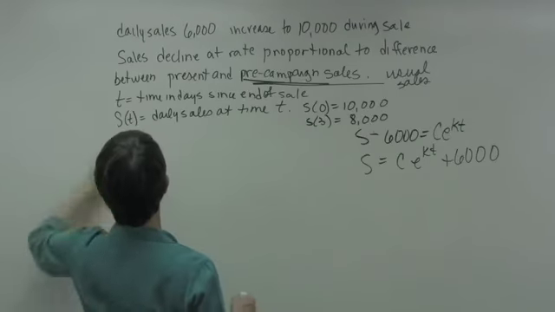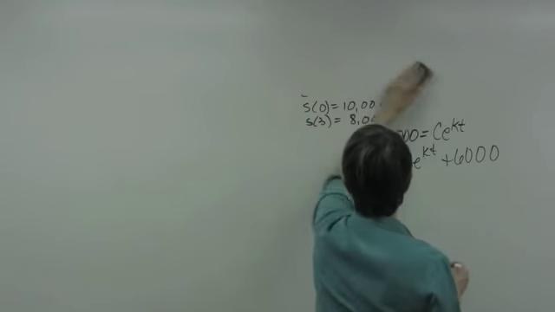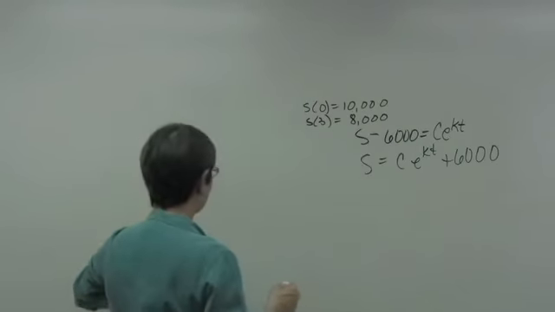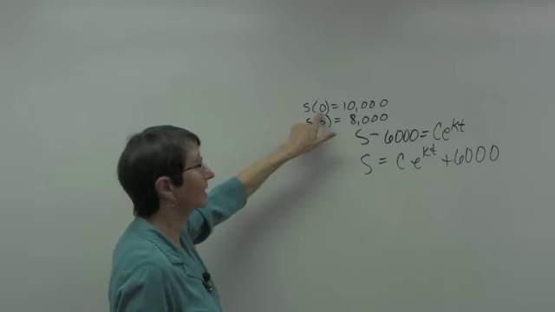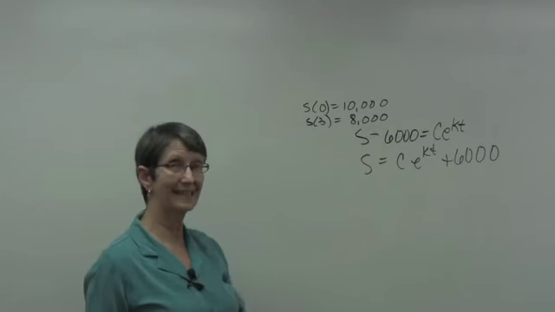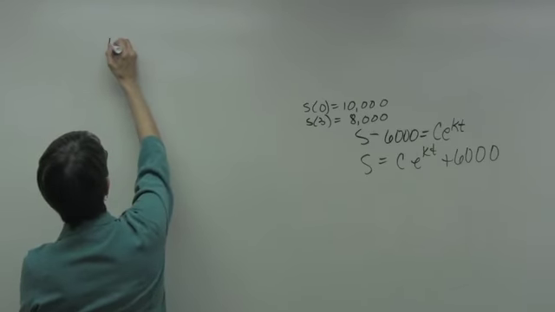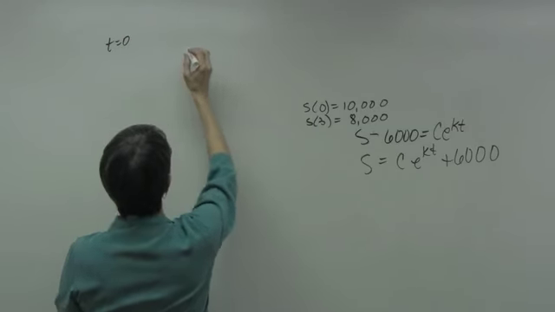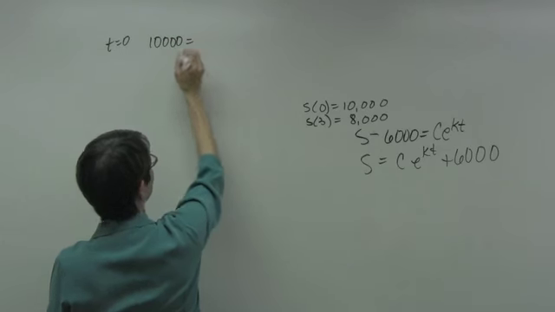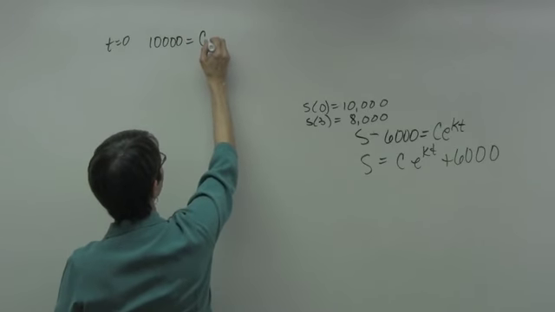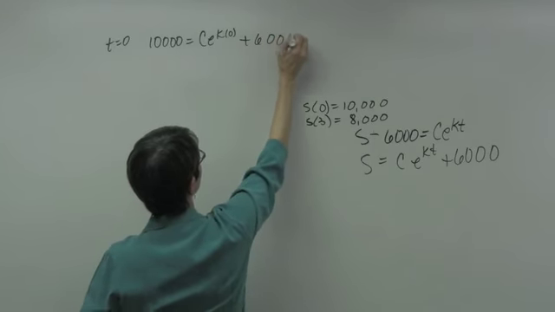So let's move some of this. My initial condition says that when t is equal to 0, sales are 10,000. That's S. So for t equal to 0, I have 10,000 for my S equal to C e to the k times 0 plus 6,000.